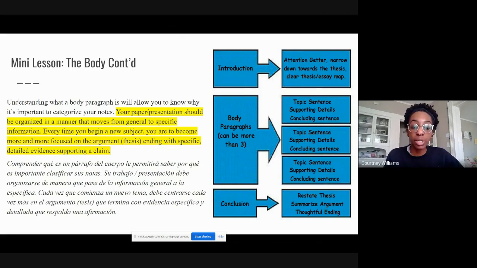I gave you different options, whether that was a speech or a paper, because you may not be familiar and you want to try that out, or a PowerPoint presentation or Prezi, right? So you want to make sure that your body slides or your body paragraphs in your paper are organized, and that is why we are going to be categorizing your notes, which will be your Mini-QPA number 2.